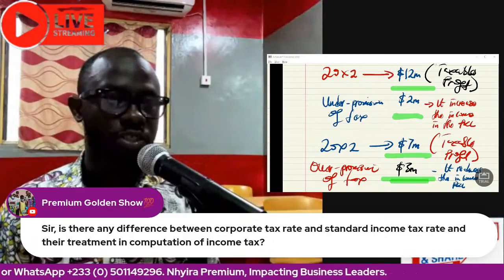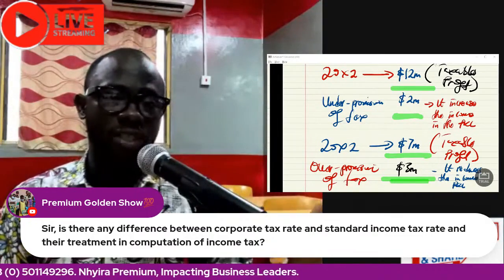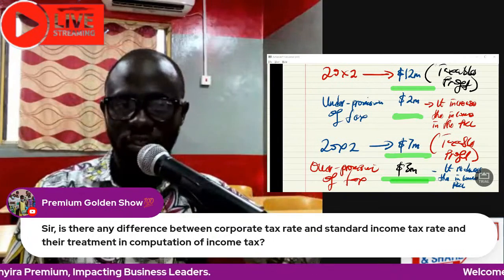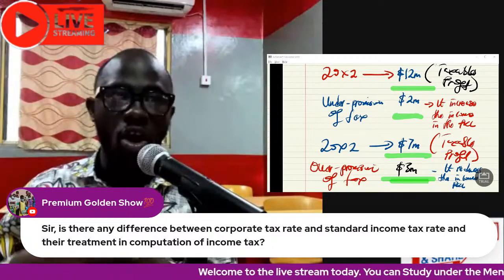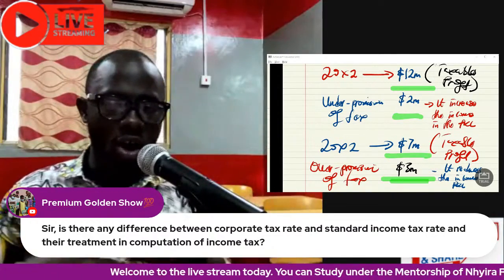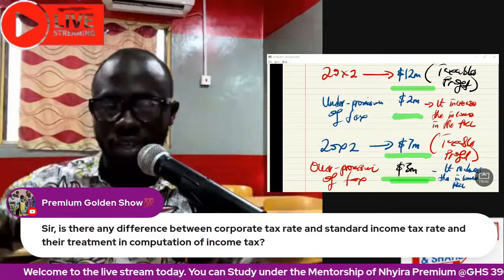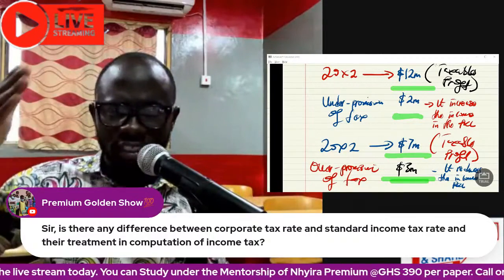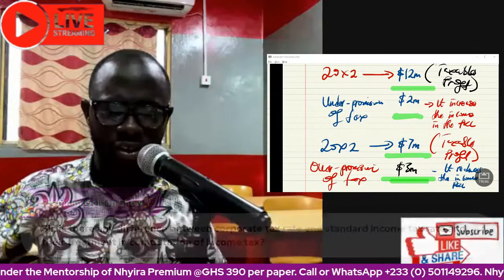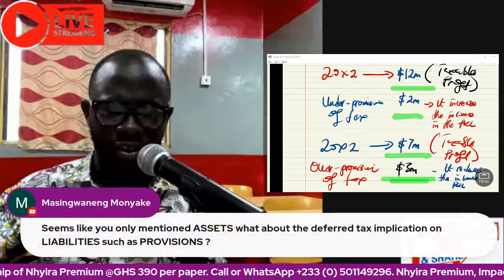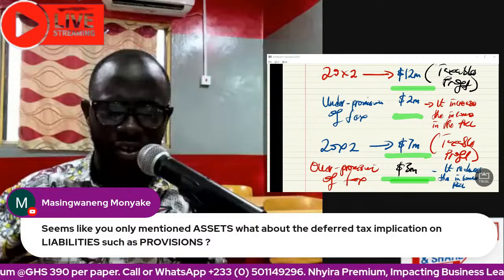For instance, if you're in the UK, the corporate tax rate is around 19%. If you're in Ghana, depending on where you are, you can pay a corporate tax rate of 25% or 22%, or based on your location, whatever tax rate that you're supposed to have. But then standard income tax rate, I don't know the context in which that is. So probably if you provide me with some context, I can answer much better.